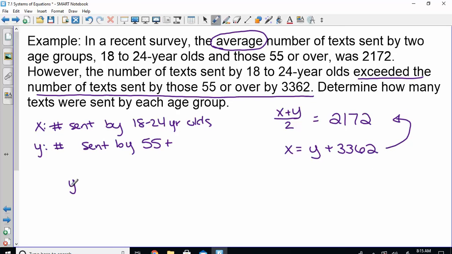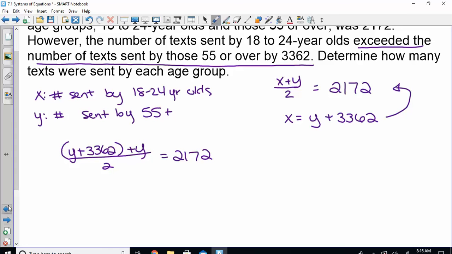So that means 2,172 is (3,362 plus y plus y) divided by 2. If you want to get rid of your fraction, what are you going to do? Okay. And then we do have some like terms that we can combine as well. So we would have 2y plus 3,362 equals 4,344.